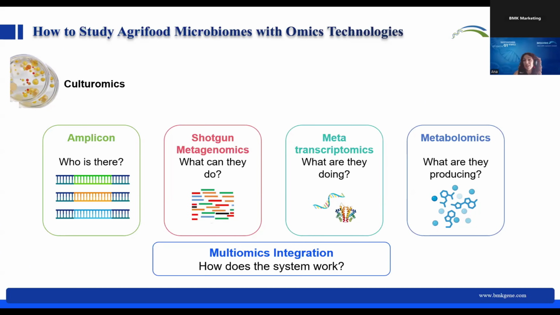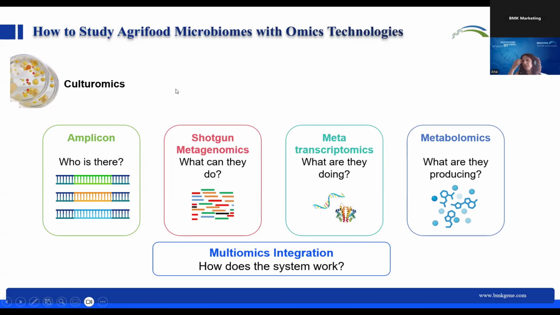But of course, as you can imagine, this is a very labor-intensive method, and it also has the major caveat that some microbes that exist in nature are not cultivable in the lab, so these were not identified using these methods. So nowadays we have all these different technologies that can be used to study the agri-food microbiomes that are much easier to implement, not so labor-intensive. And that's what we're going to talk about today.